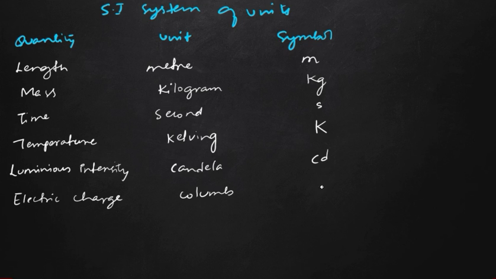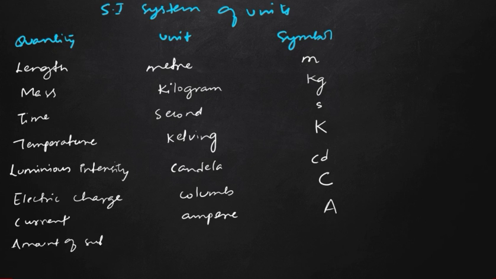We use capital C. Then we have current. It is ampere and its unit symbol is capital A. Then amount of substance. The unit is mole and it is written as small m, small o, small l.